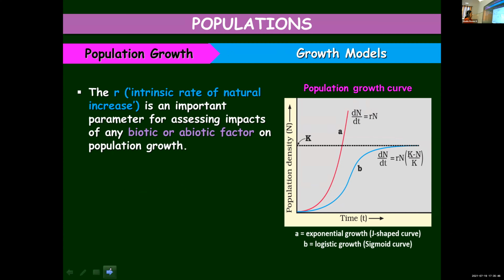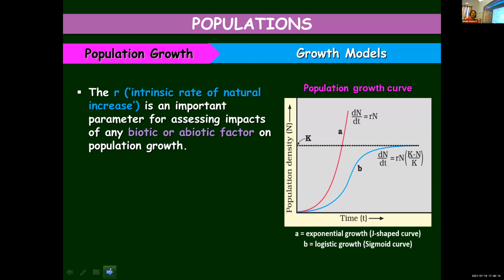The r value is an important parameter for assessing the impacts of any biotic and abiotic factors on population growth. So depending upon the fluctuations in the r value, we'll come to know the impacts of biotic and abiotic factors on the population growth. You know that different biotic and abiotic factors can affect the increase in the population.